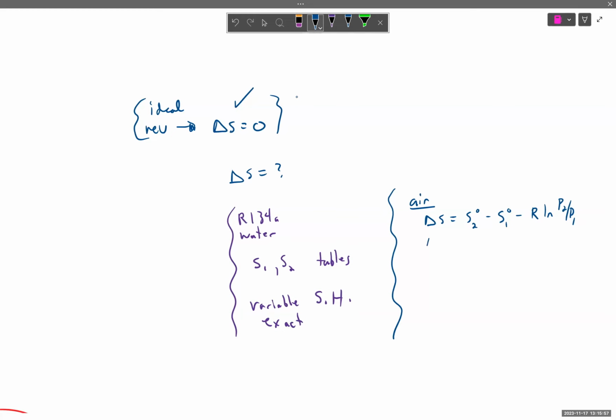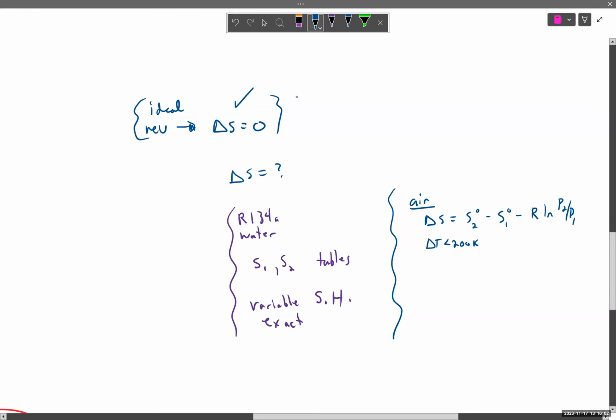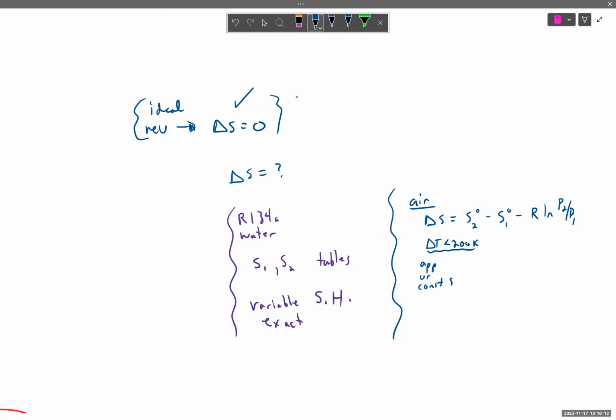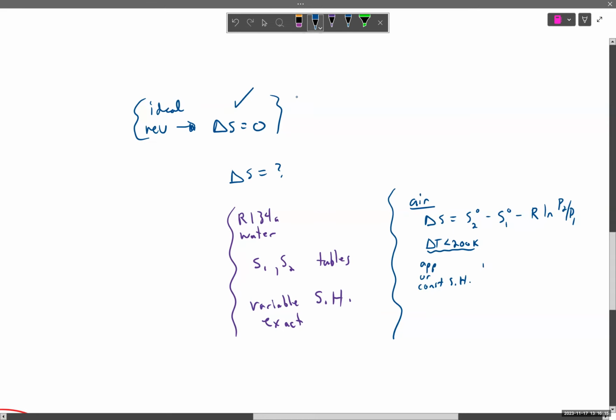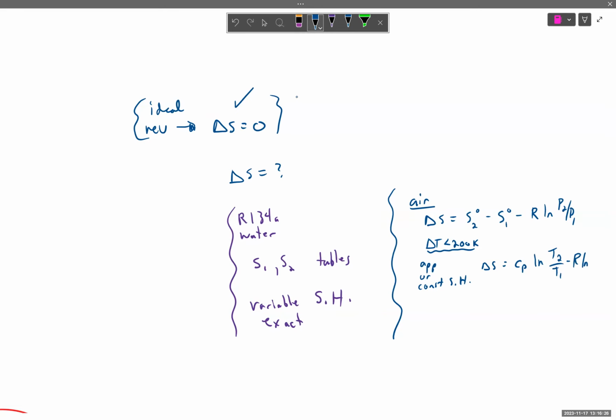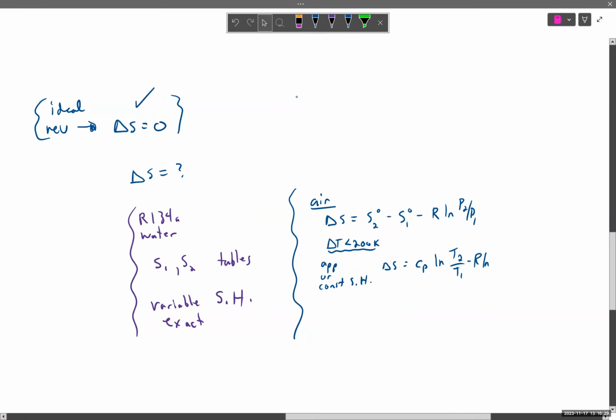Or if you knew that my temperature range is pretty small, and I need to just approximate this, you could approximate with constant specific heat. That's what that means. You could say that your delta S would be Cp natural log T2 over T1 minus R natural log of your pressures. Again, there's another form of that equation.